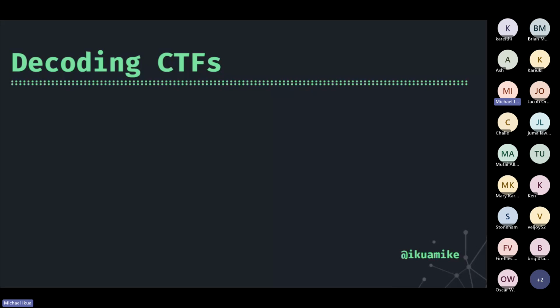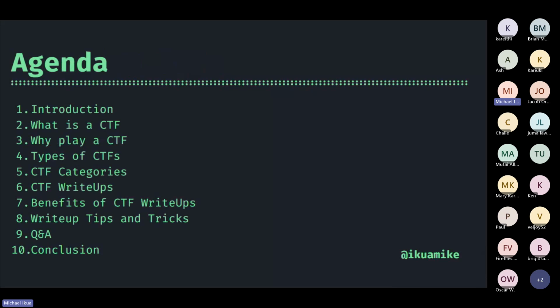All right, cool. So I'll be talking about CTFs. Juma requested me to have this session. So let's kick it off. My session is about decoding CTFs. This will be our agenda for the night. I'll have a brief introduction into what CTFs are, and then why you should play a CTF, different types of CTFs, the categories.